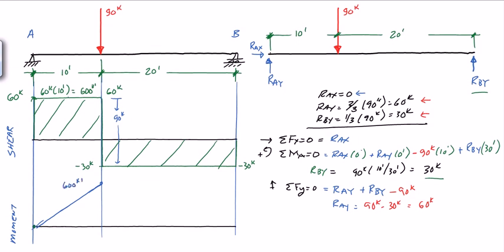Now, on the other side, we have a shear of minus 30 kips. So minus 30 kips for a distance of 20 feet, that tells us that the change in moment, so the change from here going this direction, is equal to the area of this guy. So let's go ahead and calculate the area of that. The area is equal to minus 30 kips times 20 feet, which is equal to minus 600 kip feet.